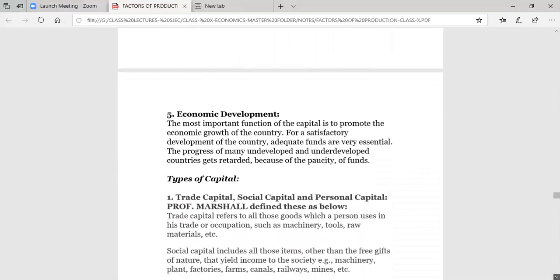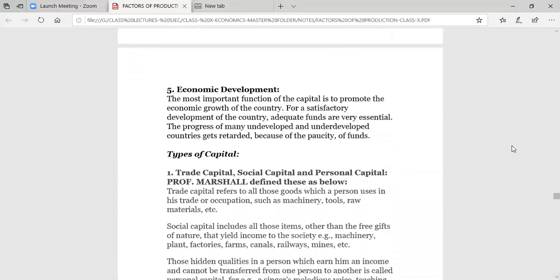Now, the most important function of capital is economic development. How is it related to the economic development of the country? With the help of capital, we are making the production, of any goods or agriculture production, whatever it may be. So it produces a huge output. The government gets revenue by way of tax from that output.